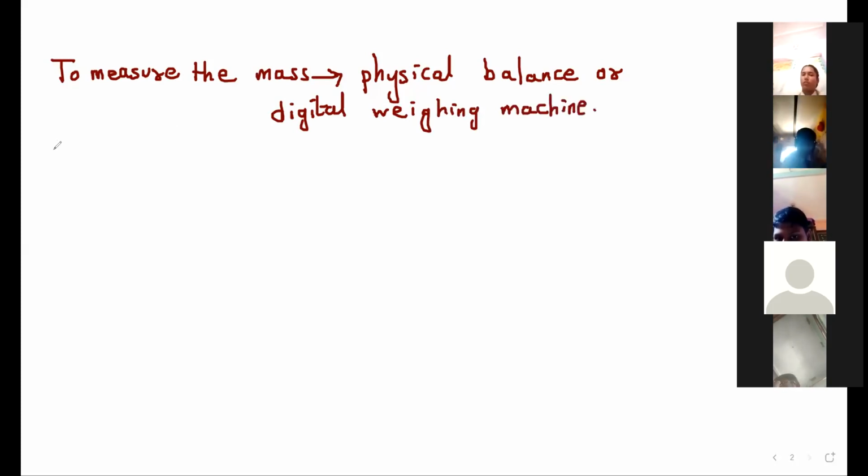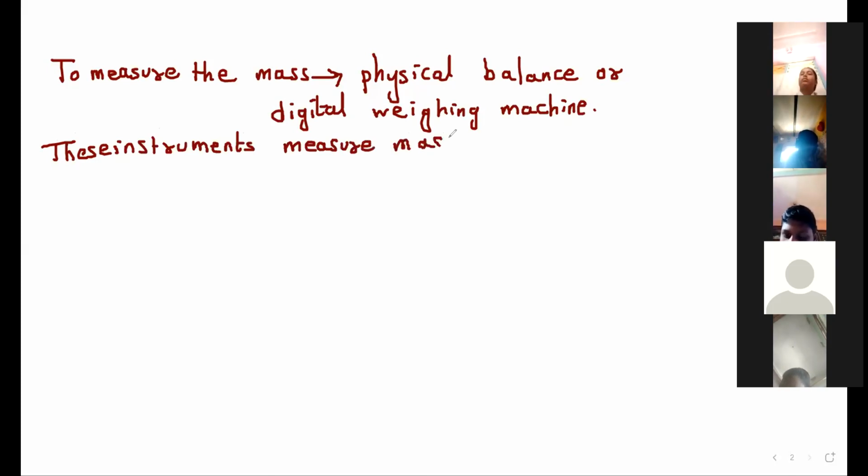Please remember that these instruments measure masses. A spring balance measures weight.